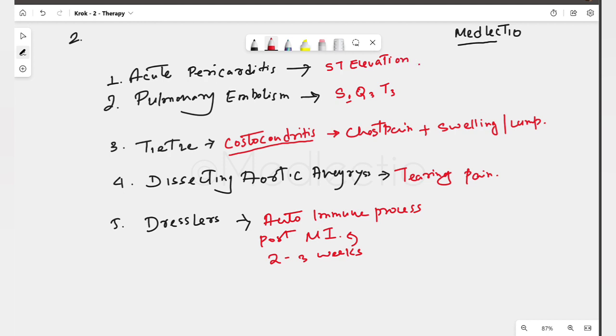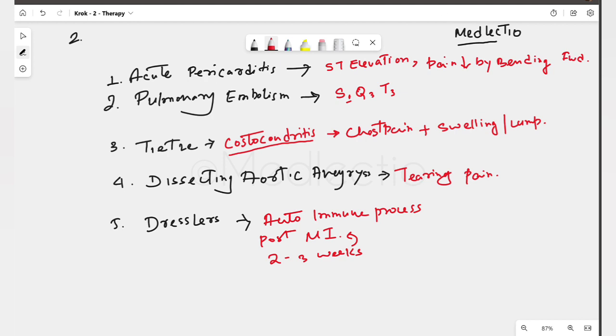ST elevation we can get anywhere, like in MI also. But the classical sign or keyword here is that the pain in acute pericarditis is relieved by bending forward. Why does this happen? Because it reduces the pressure on the parietal pericardium while inspiring.